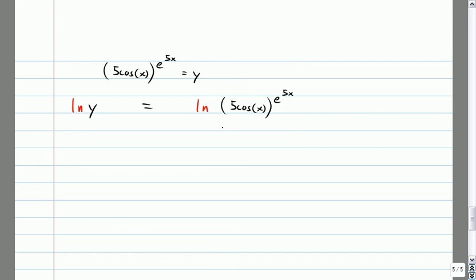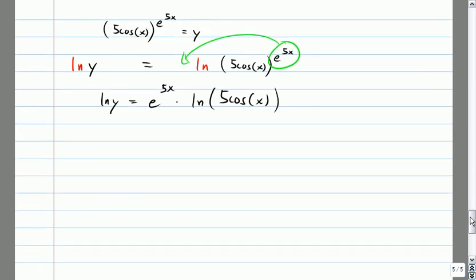No calculus has been done. Exponent gets to move out front. So no calculus yet. e to the 5x times the natural log of 5 cosine x.